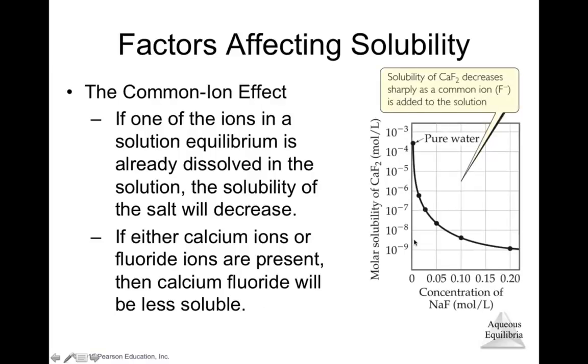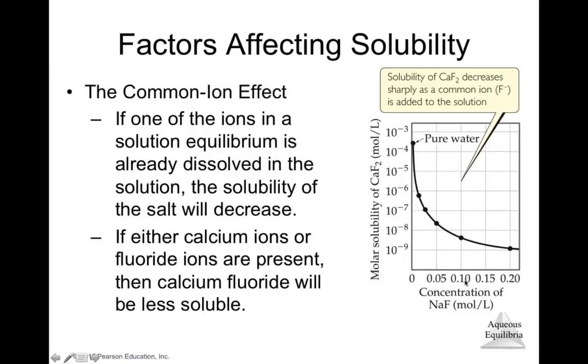And here we have a graphic where the concentration of sodium fluoride, the one that we are going to add to the system in equilibrium, is shown. This is the molar solubility of calcium fluoride. This is a pretty high molar solubility, but as you can see, when we add sodium fluoride, the common ion, the solubility starts to decrease.